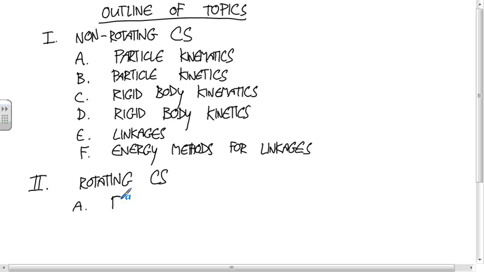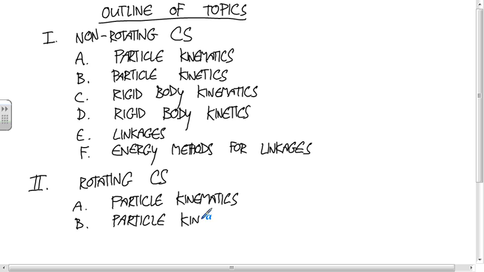But we are going to deal with particle kinematics and particle kinetics. So that's an outline of the broad topics that we're going to deal with in this class. Each of those topics has sort of subtopics, but this is a good thing to keep in mind as we go forward.